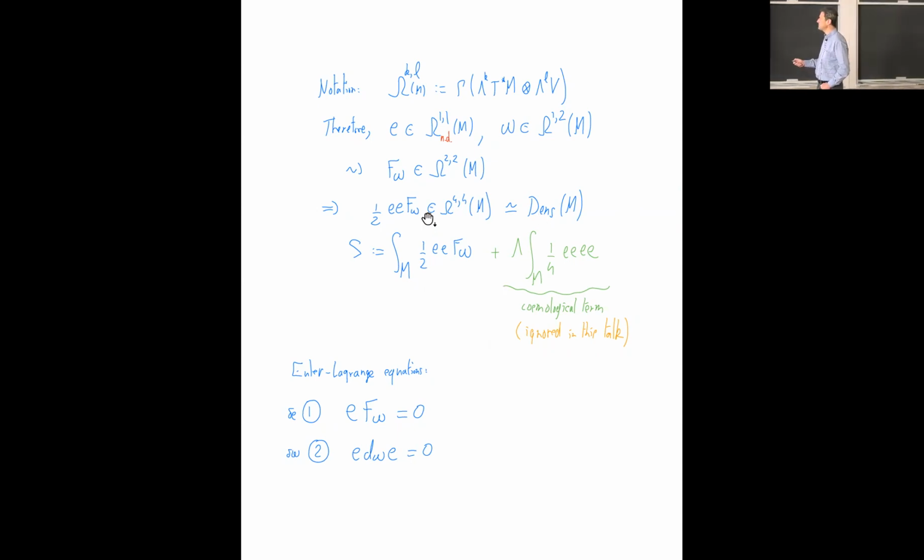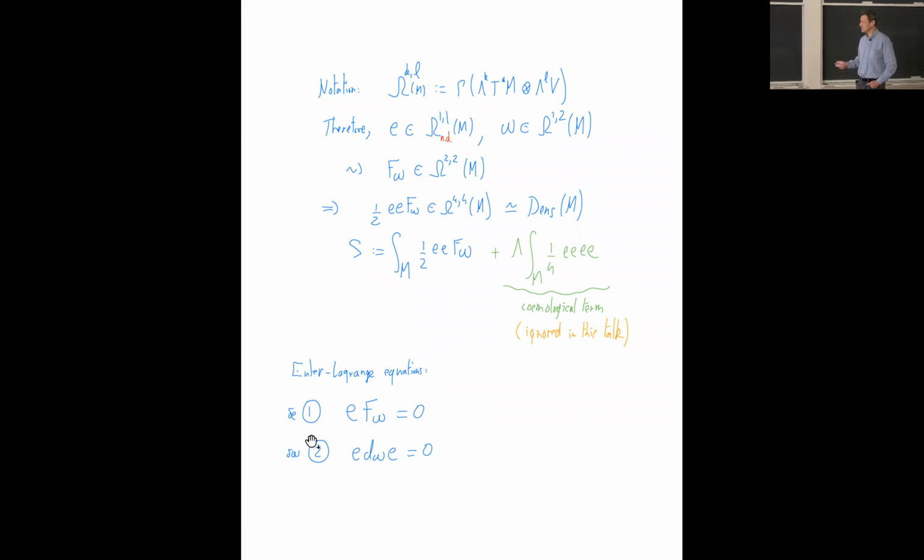Now you can compute the Lagrange equations, and here you get two equations. The variation with respect to E gives you E wedge F equal to 0, and the variation with respect to omega gives you E d_omega E equal to 0. Since E is non-degenerate, you can simplify E here, so you get the equation d_omega E equal to 0. That essentially tells you that omega is torsion free.